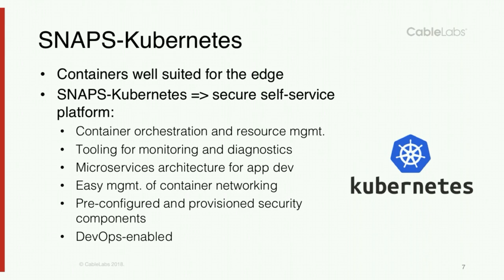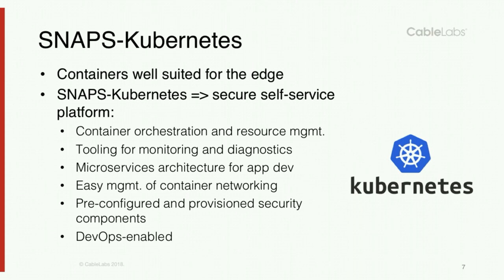So you might ask, well, Kubernetes exists, so what's the use of an additional layer like SNAPS-Kubernetes? Like we discussed a couple of slides ago, you have to install Kubernetes, and you have to install the right version of Kubernetes in an automated manner. The right hardware acceleration features have to be chosen and configured.